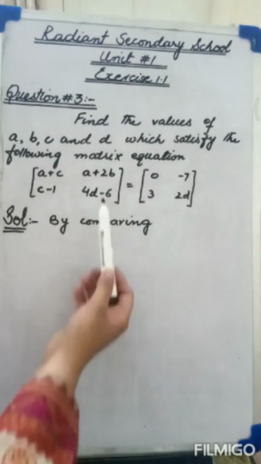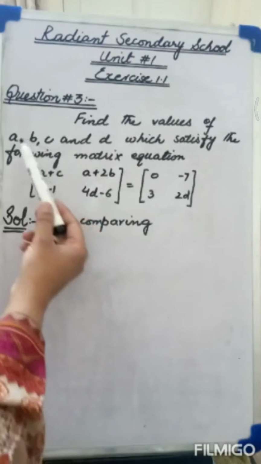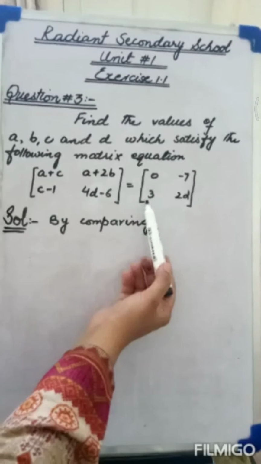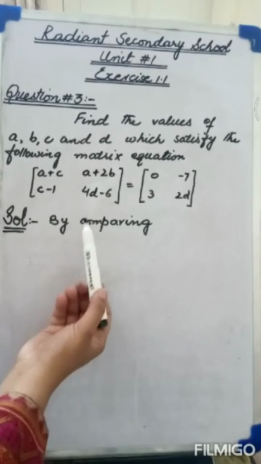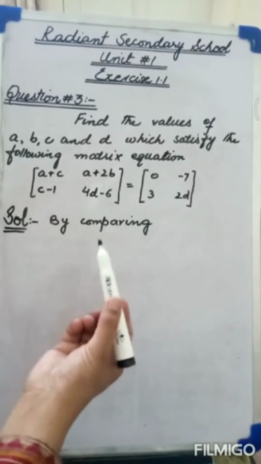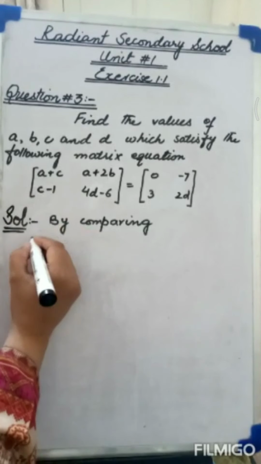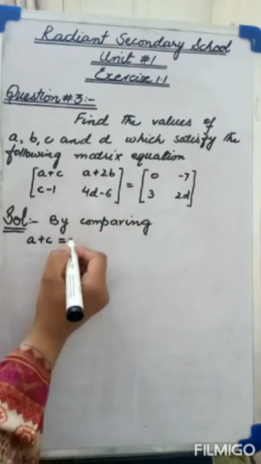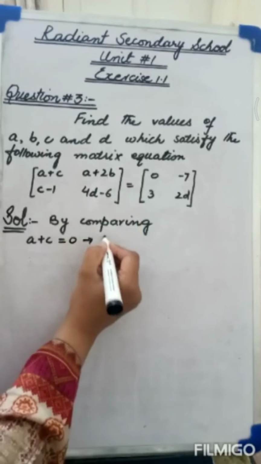So with the help of this, we will find A, B, C and D. As we know they are equal, their corresponding entries will be equal. So we can write A plus C equals 0. This will be equation number 1.